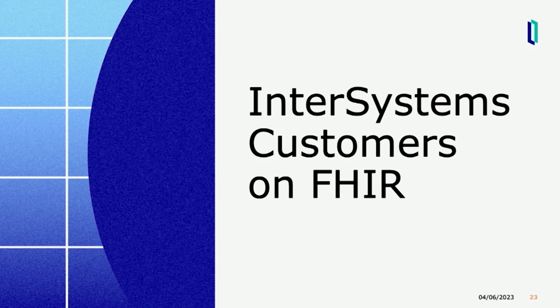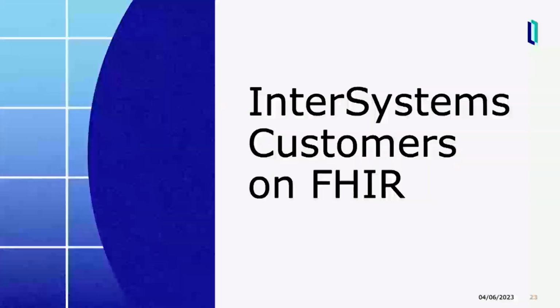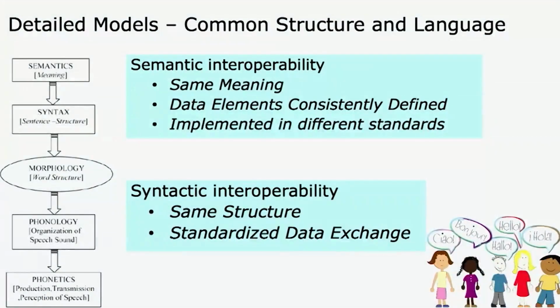Could you just go back to that slide with the semantic versus syntactic? Yes. So HL7 V2 is syntactic interoperability, but not semantic, and you cannot constrain it to semantic interoperability because there's no feasible way to do that.